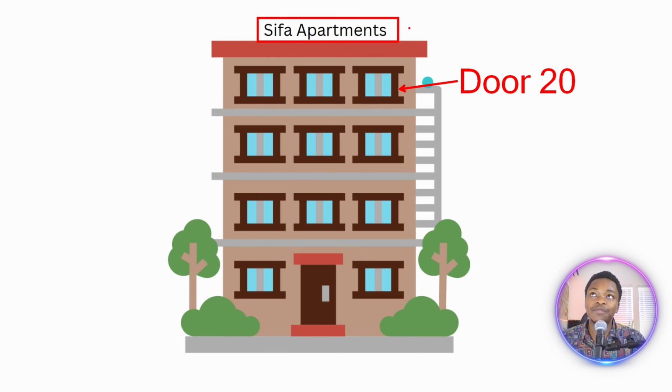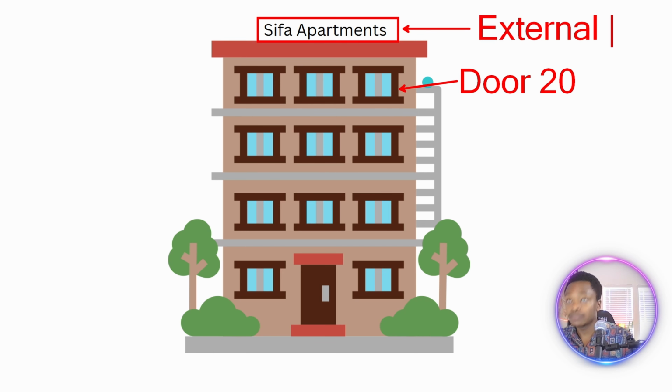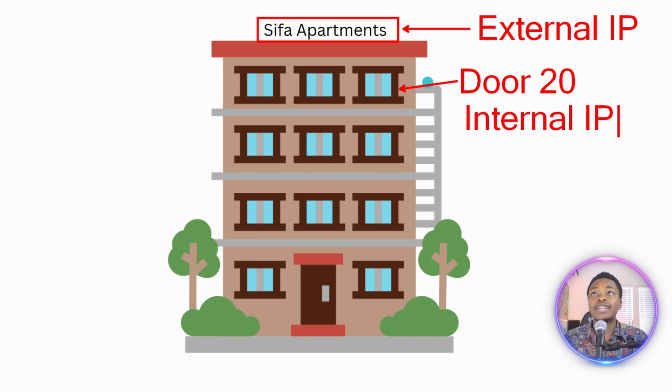So Sifa Apartment will be known as your external IP address. Okay, and .20 will be known as your internal IP, like that.